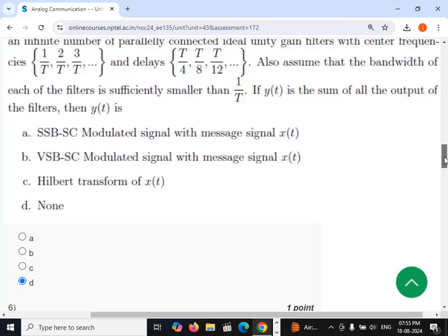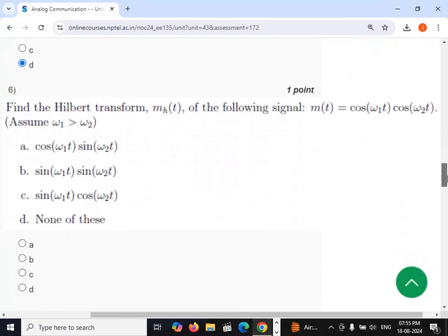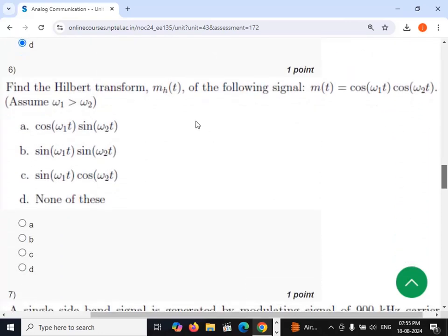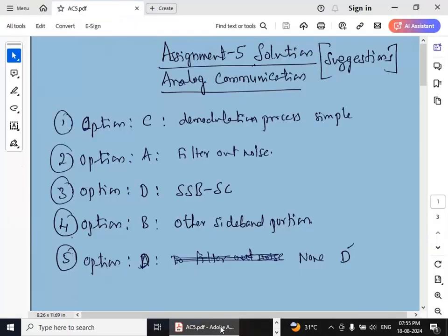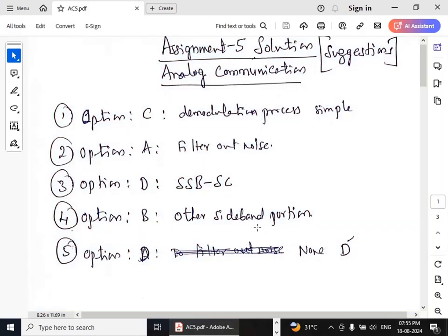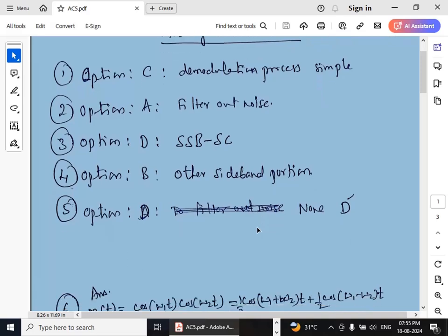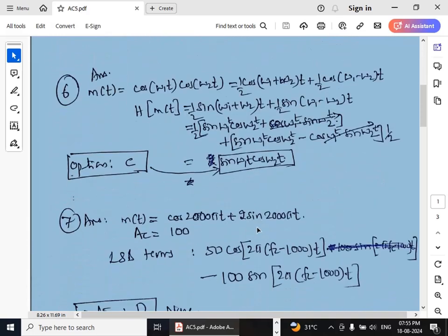Sixth one. Find the Hilbert transform of the following signal, where omega 1 is greater than omega 2. Here m of t is the given cos omega 1t cos omega 2t.